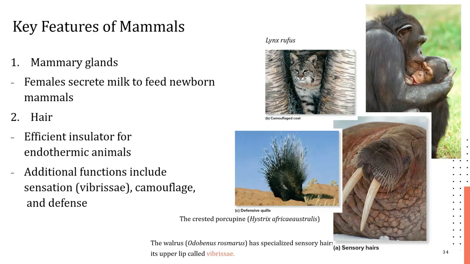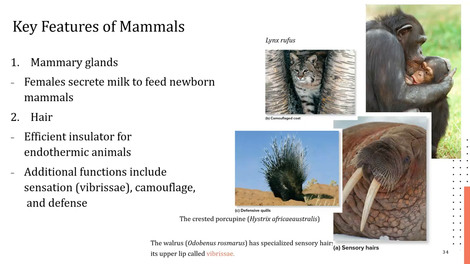The other defining characteristic of mammals is hair. So you all have hair of some sort. All mammals have hair. Some have more than others. There's a lot of different reasons for hair. The main one is that it is an efficient insulator.